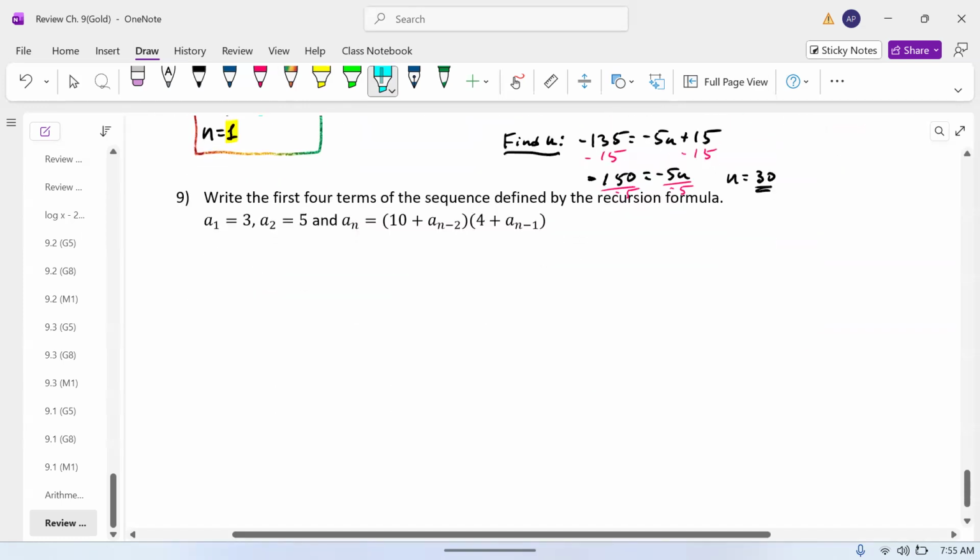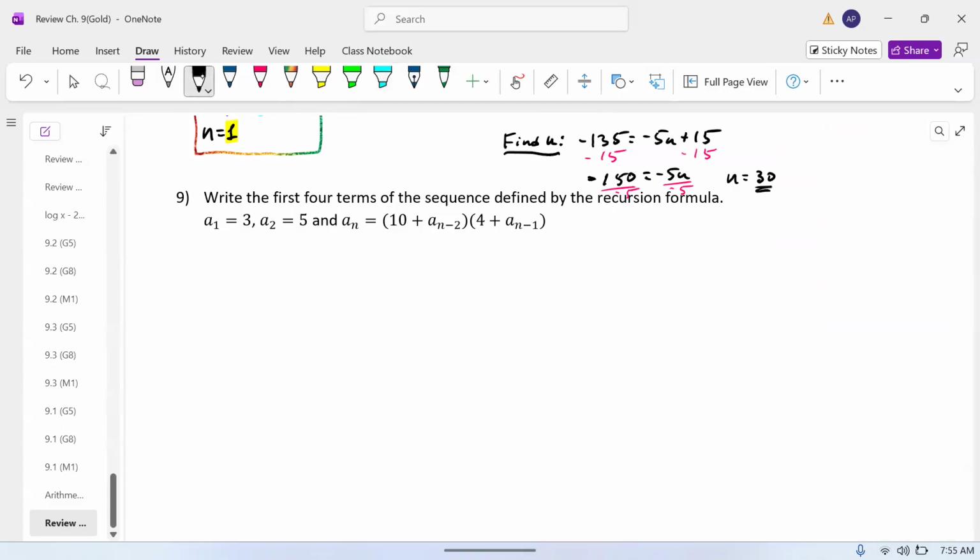Okay, the last thing that we're going to review today is the recursion formula. Write the first 4 terms of the sequence defined by the recursion formula. Remember, a recursion formula uses previous terms to find the future ones. We have the first term already, and we know the second term already. We just need to find the third and the fourth terms.